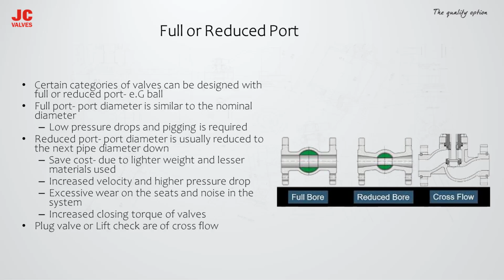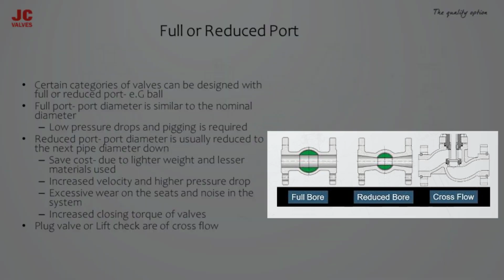Full or reduced port. Certain categories of valves can be designed with full or reduced port, for example a ball valve. Full port: the port diameter is similar to the nominal diameter of the pipe. It is often used when low pressure drops and pigging are required. Reduced port: the port diameter is usually reduced to the next pipe diameter down.